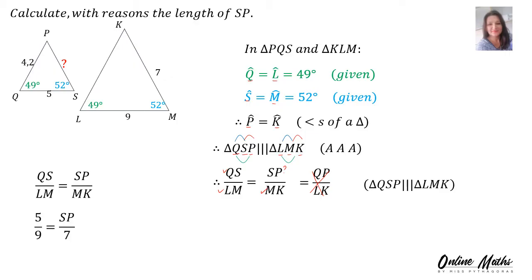Then you can multiply the 7 away, both sides, and you end with 5 over 9 times 7 is SP. Therefore, SP's length is 3,9.